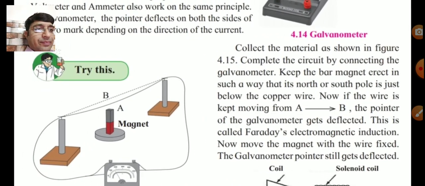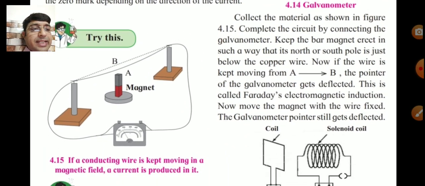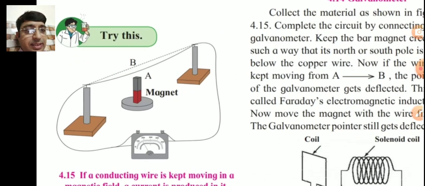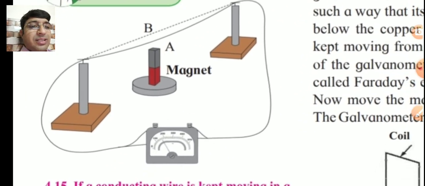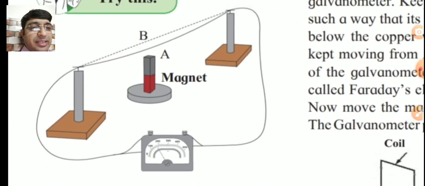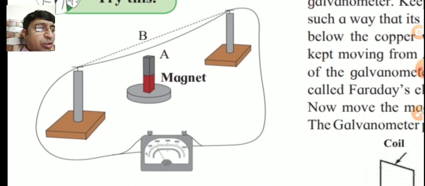Next paragraph. Here one activity is given for us, try this activity. Now see, here magnet, then a galvanometer, actually that is an ammeter, to measure whether current is produced or not. On both sides, 2 wooden stands. At the center, one magnet fixed on a stand in a vertical manner.